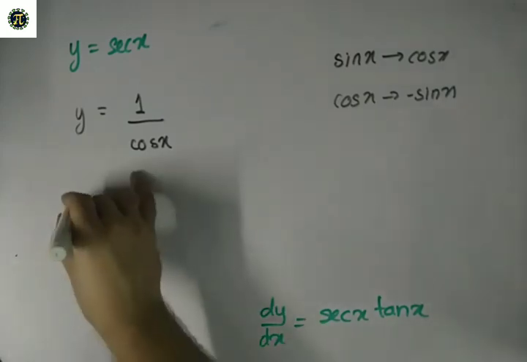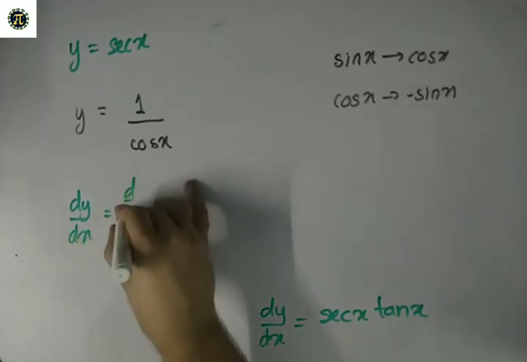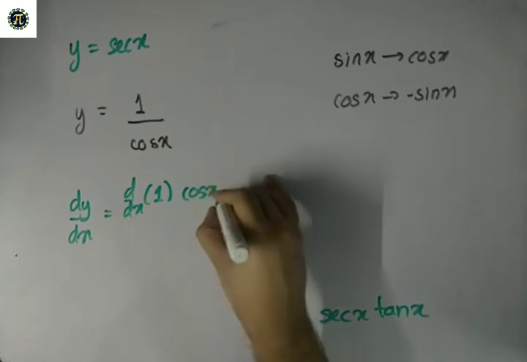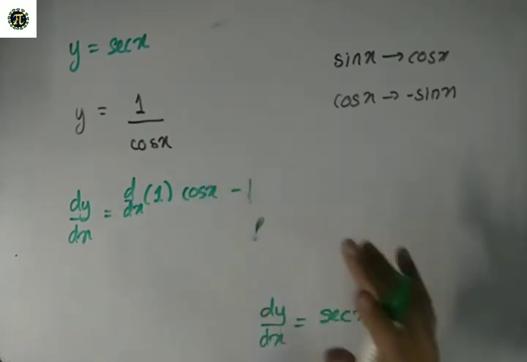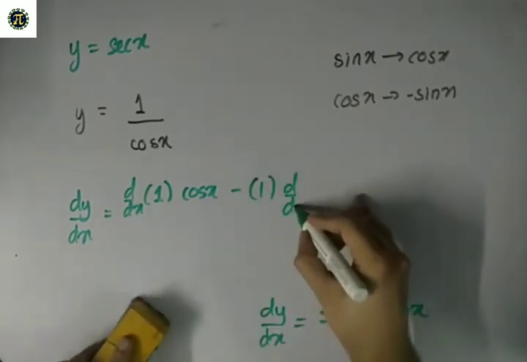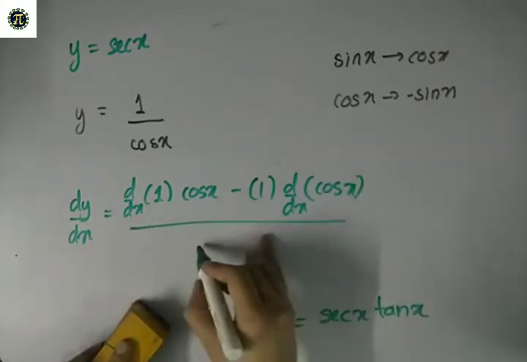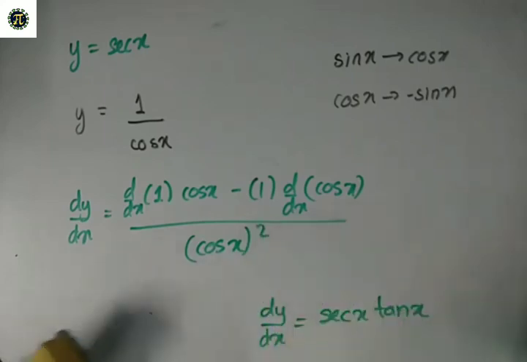So dy by dx, so it is d dx of 1 into cos x minus, I'm sorry, 1 remains same into d dx of cos x, divided by denominator whole square, cos x whole square.